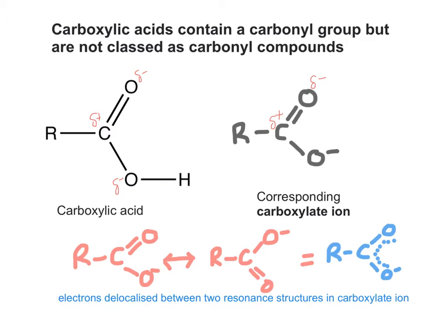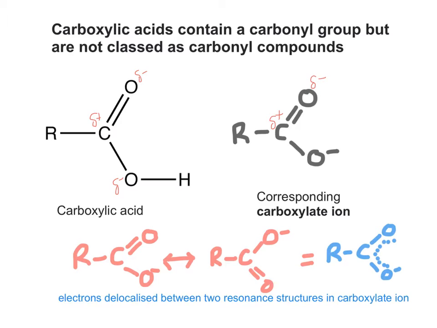In fact, what happens is you get electrons delocalized between two resonance structures in the carboxylate ion, so it sort of moves between the two in the same sort of way as the Kekulé structure in a benzene ring, but only a little bit of delocalization takes place here. You can see the little dotted line in the blue structure.